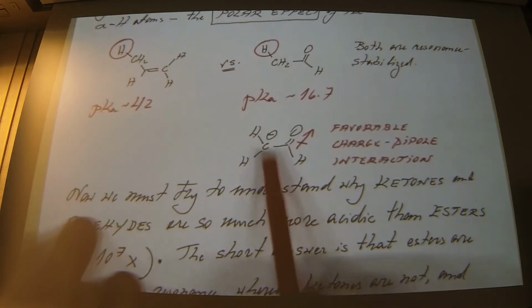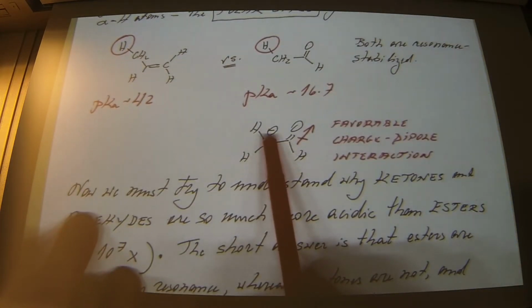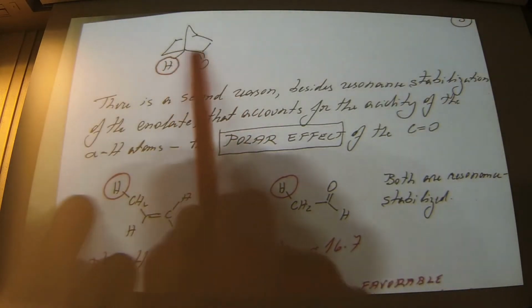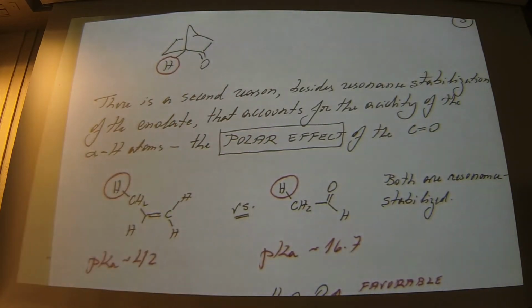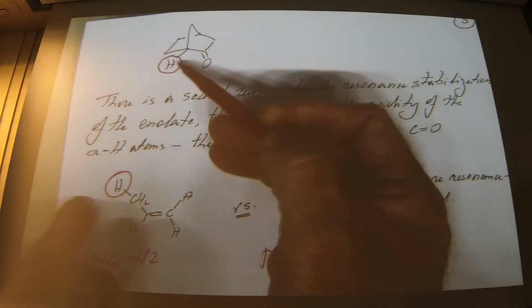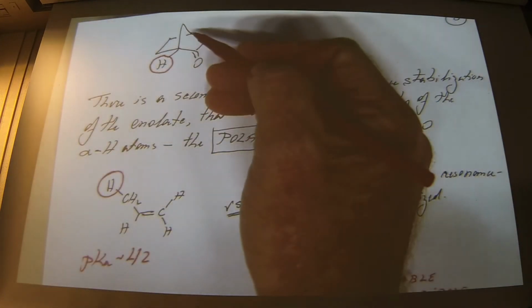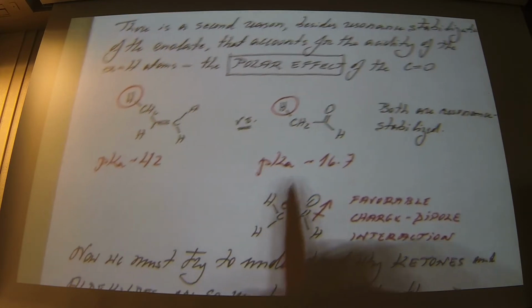That means this anion is stabilized by the adjacent positive charge, and that stabilization doesn't go away just because of Bredt's rule. So this is still going to be a bit more acidic than, say, the protons on this side. But that is not a huge effect.